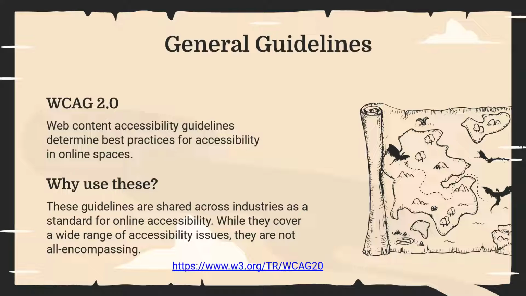It's because they are an industry standard. They cover a lot of accessibility issues, but they don't cover every single one. If you want to know more about those, all you really have to type into any Google search is WCAG 2.0, and you're going to get all kinds of information.